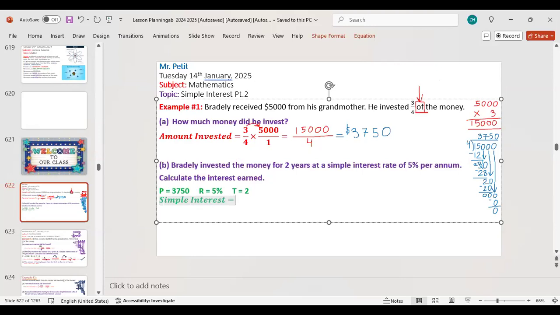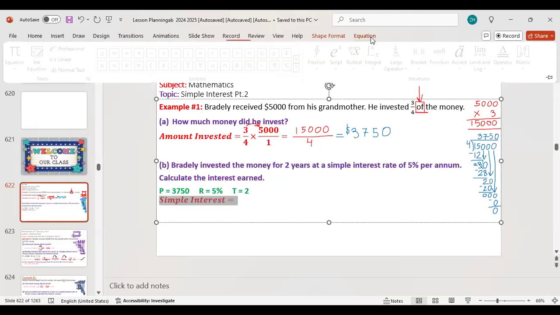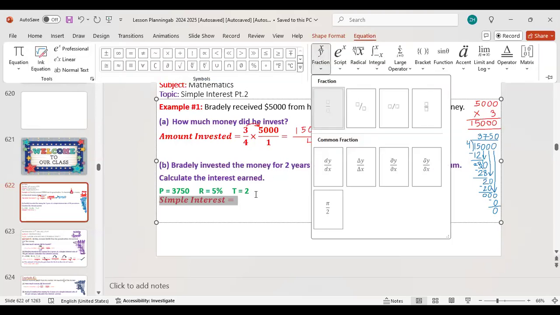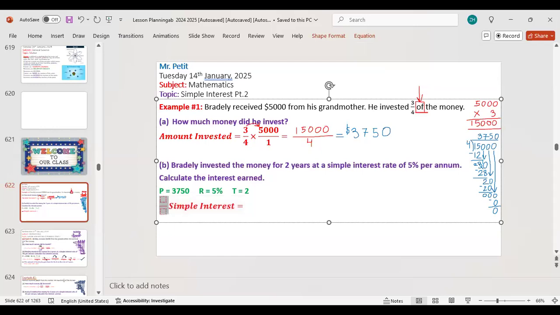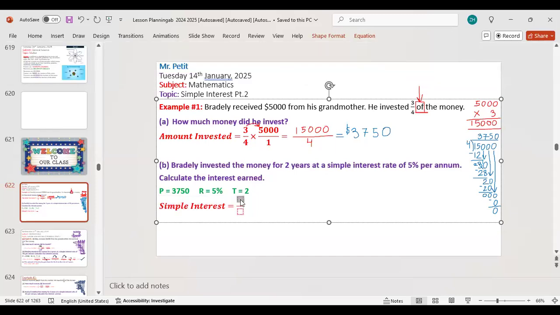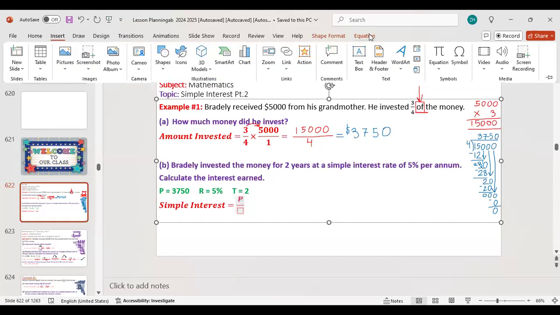Anyone got the answer yet? 375? 75? Put the answer inside the chat.